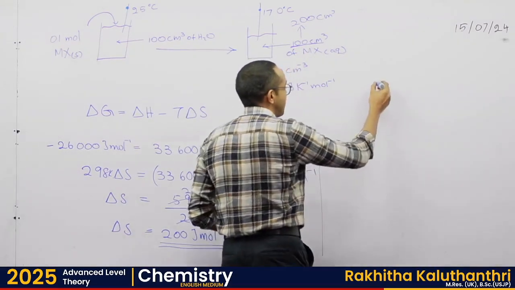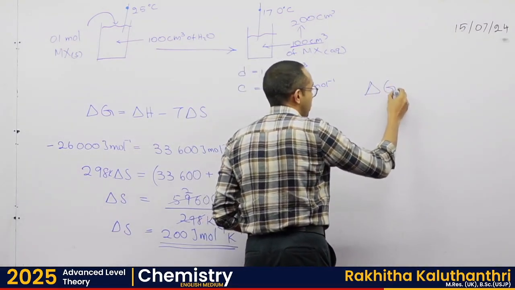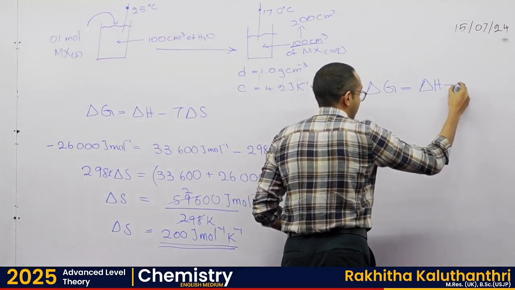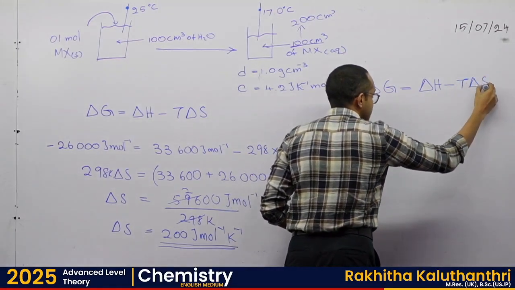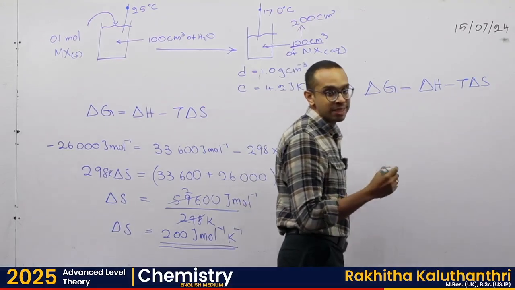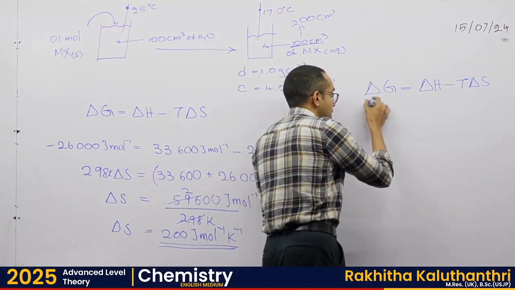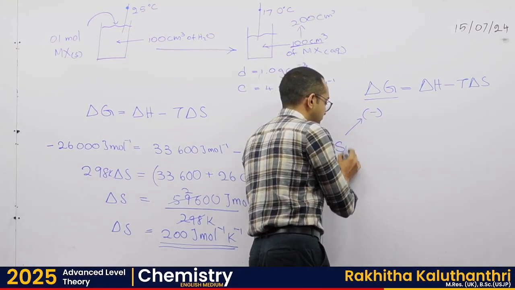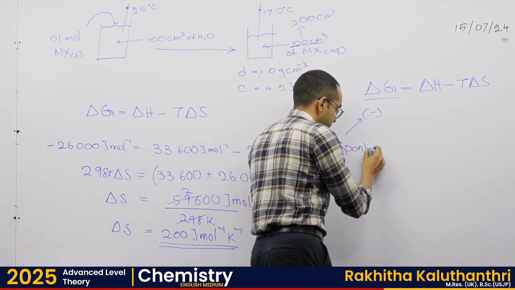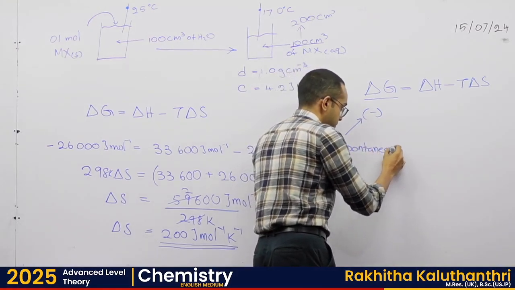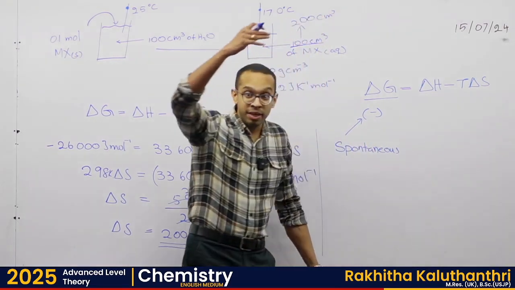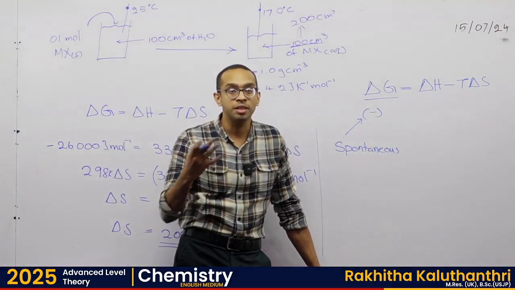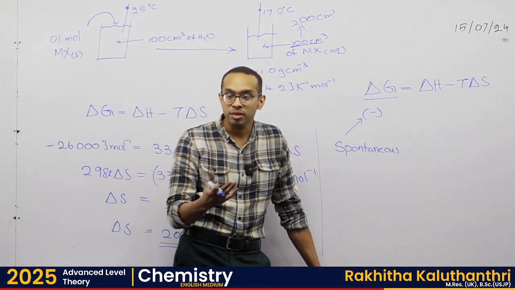So now students, delta G should be looked at. Delta G equals delta H minus T delta S. Now make note of these things. If delta G is negative, that means what? Spontaneous. The greater the negative side, the better, right? That means it easily dissolves, or is easily spontaneous.